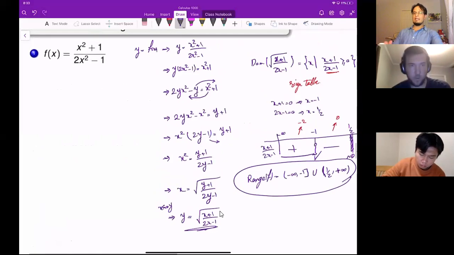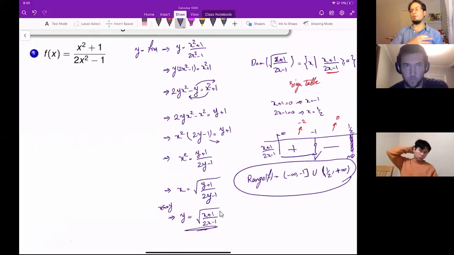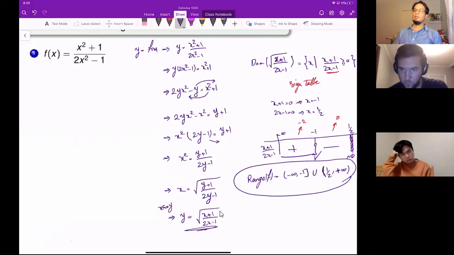The point is that if you find the inverse and find the domain of the inverse function, you have found the range of the original function. Finding the domain of a function, most of the time, is easier than finding the range. So if you can change the function to its inverse, you can find the domain of the inverse. That will be the range of your original function.